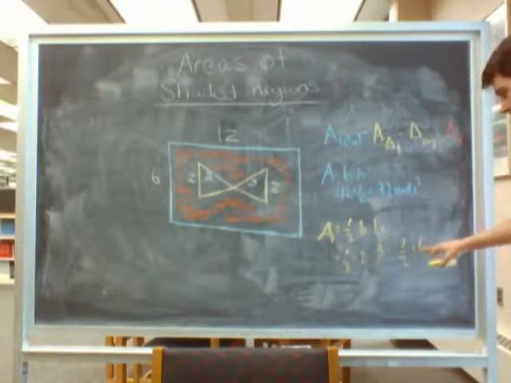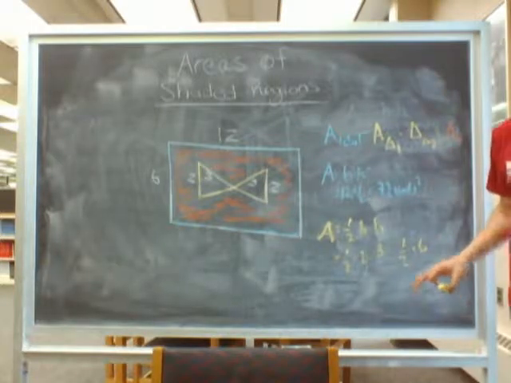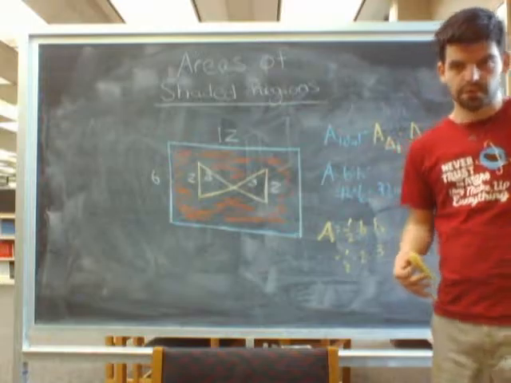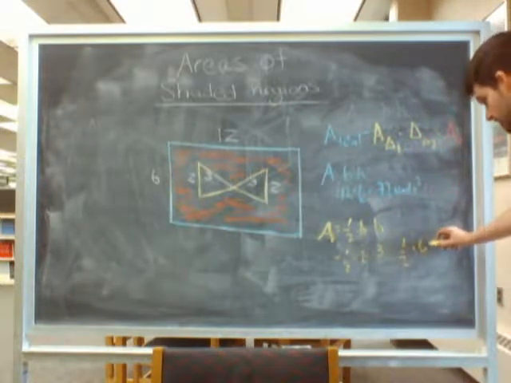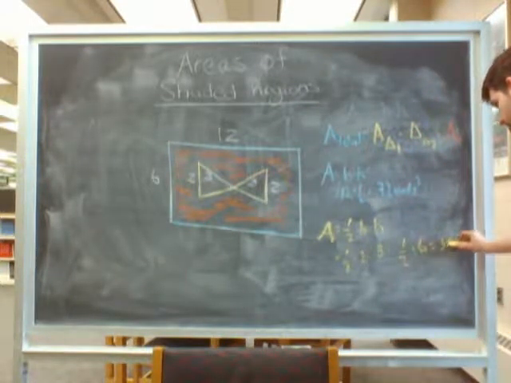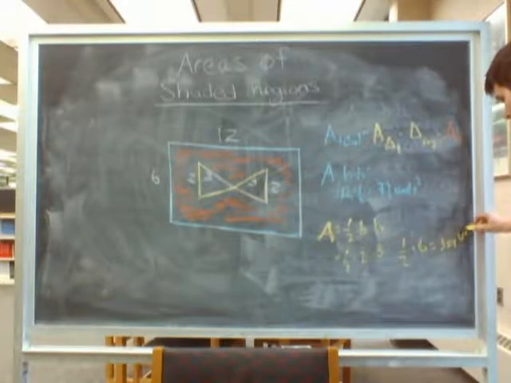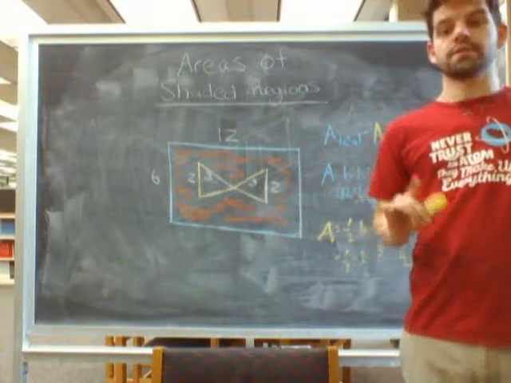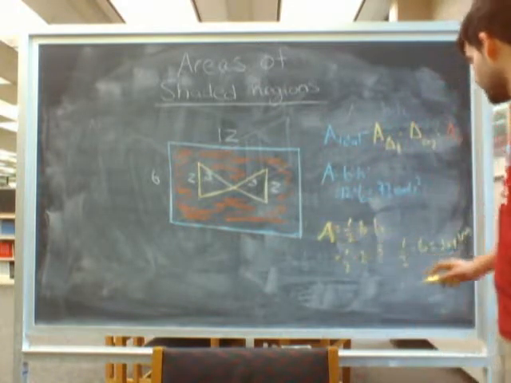So now you have 1/2 times 6, which is also equal to 6 divided by 2. Again, whatever makes you feel more comfortable in your calculations. So you're going to get 3 square units. Now, that's for one triangle. So to get the second triangle, we have to add on 3.